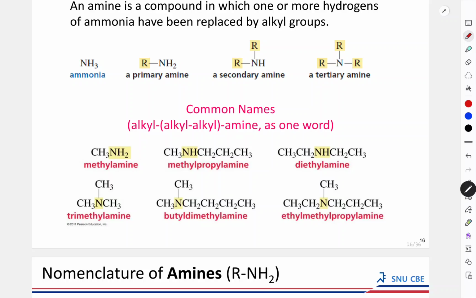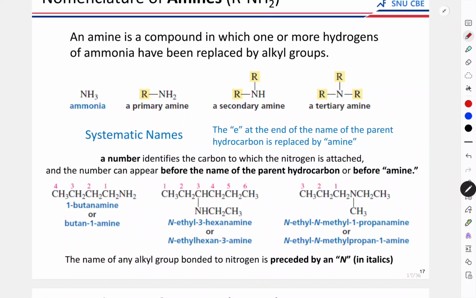What about this one? This is a secondary amine, which means you have two alkyl moieties attached to the nitrogen. You have this chunk and this ethyl moiety. In this case, you have to start with the italic N and identify the first alkyl moiety, starting with E, ethyl. And then the second substituent follows, which is 3-hexane.